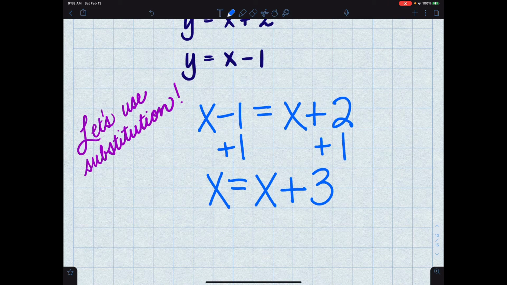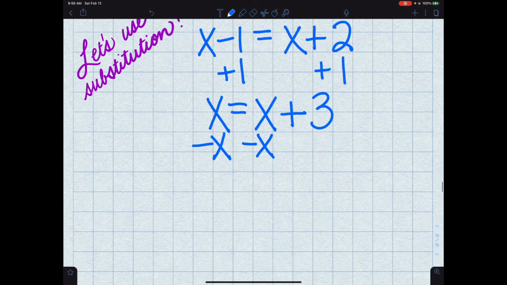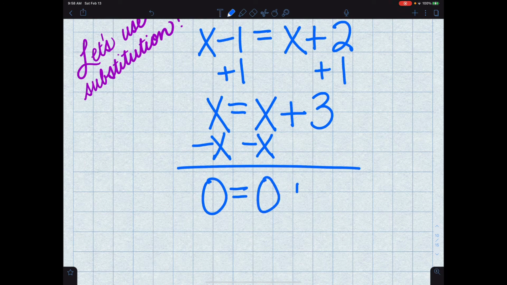How can I get rid of the x's? Did I do this right? Oh yeah, just subtract an x from both sides. So x minus x is going to be 0 equals 0 plus 3. 0 equals 3?